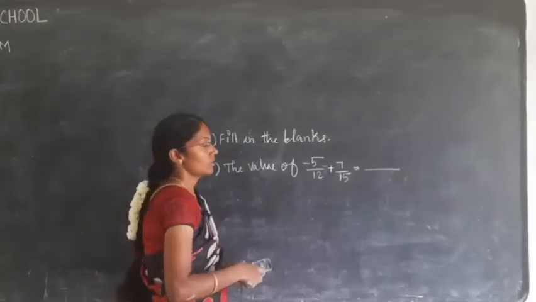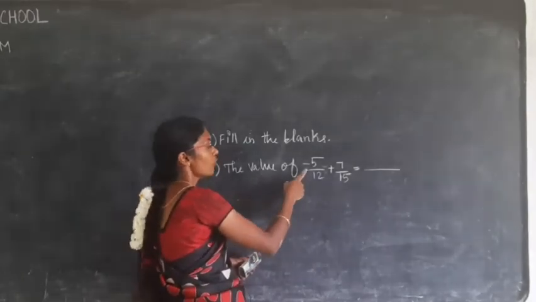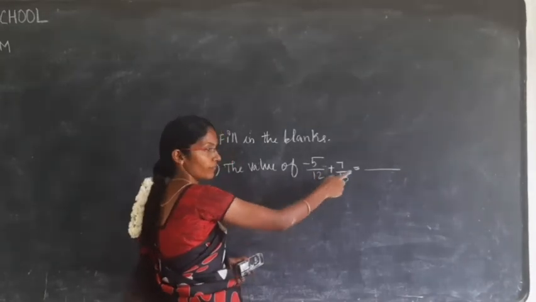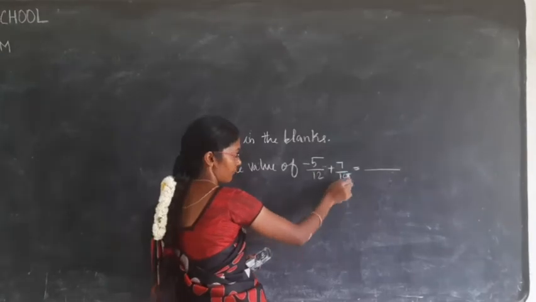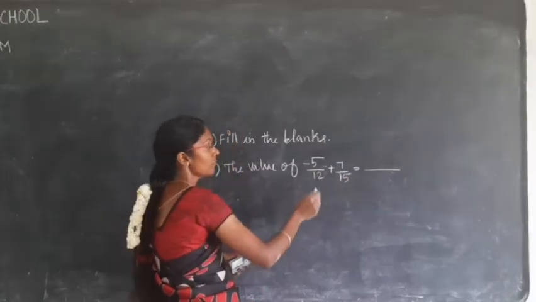Clear? So the first question, the value of minus 5 by 12 plus 7 by 15, which is equal to, see here, the denominators are different, so you have to take the LCM.